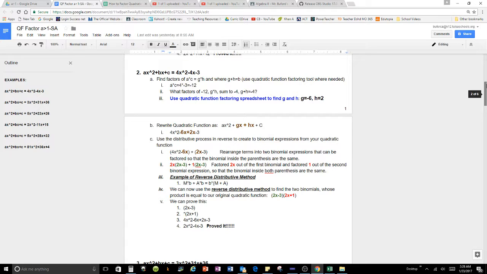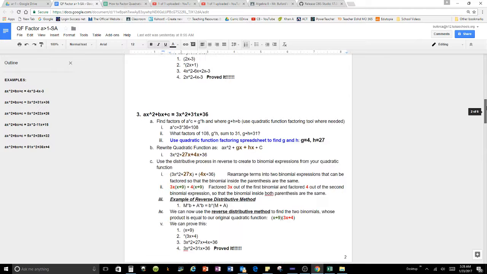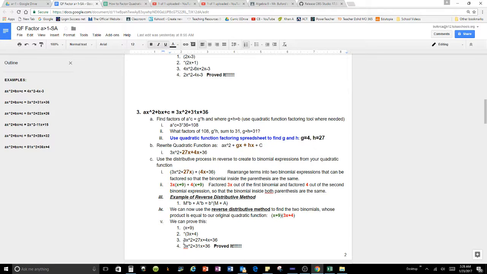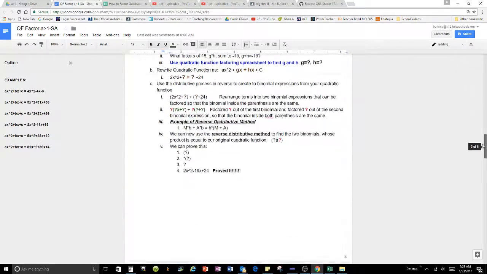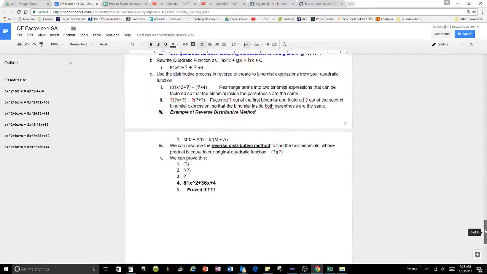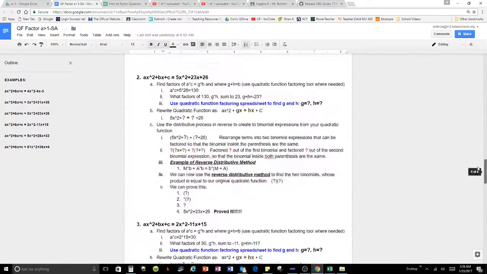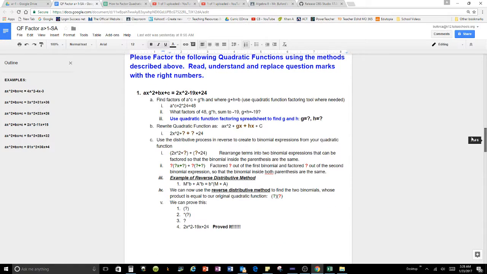Okay, so here's another sample problem that you can look at. And all of the problems, let's see how many problems did I give you. I gave you 5 problems. So all of these 5 problems are just like the problems we've done previously. And what I've done here is I've left a question mark in the places where you have to make a decision about what goes there.